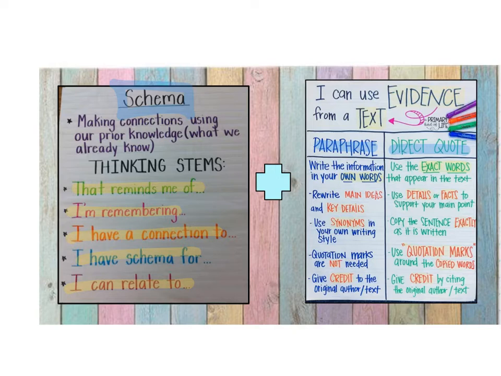And lastly, paraphrasing gives credit to the original author of the text, whereas with direct quotes, you give credit by citing or putting those quotation marks around the original author or text. These are two ways that growing readers can use text evidence. If we have to choose one way, directly quoting the text is the strongest type of evidence.